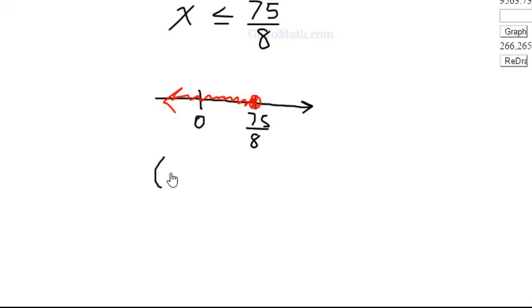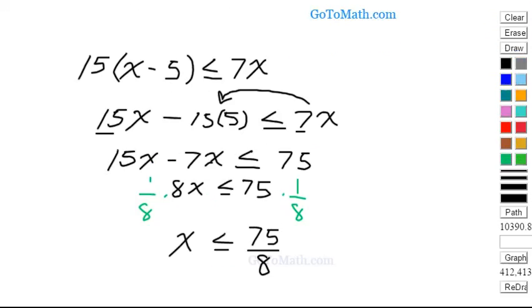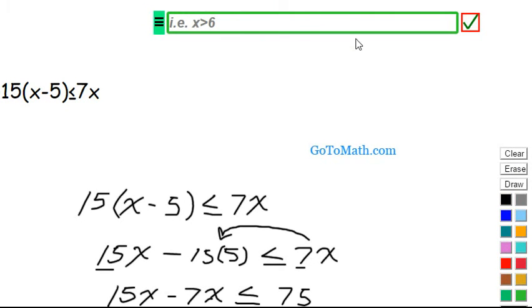So we got negative infinity, and then 75 over 8, and we're going to include it, so that means a bracket right here. X is less than or equal to 75 over 8.